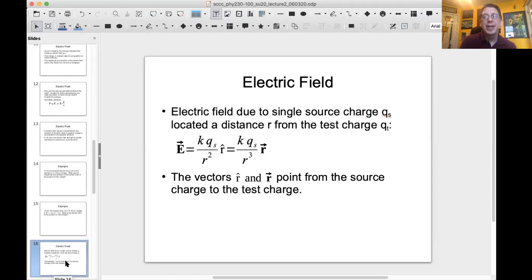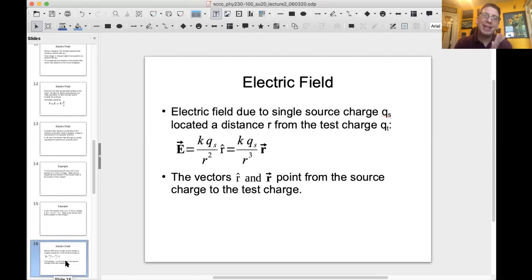The r hat, or the direction of r, is a little bit different here than it was last time. When you're talking about Coulomb's law of force, the r vector points away from the object exerting the force. Here, the r vector points away from the source charge.